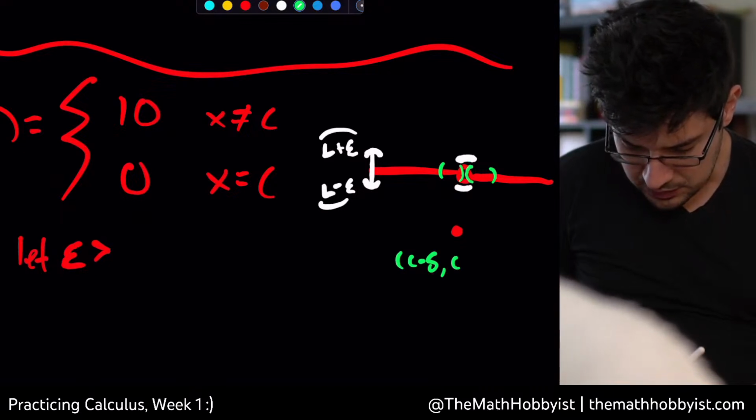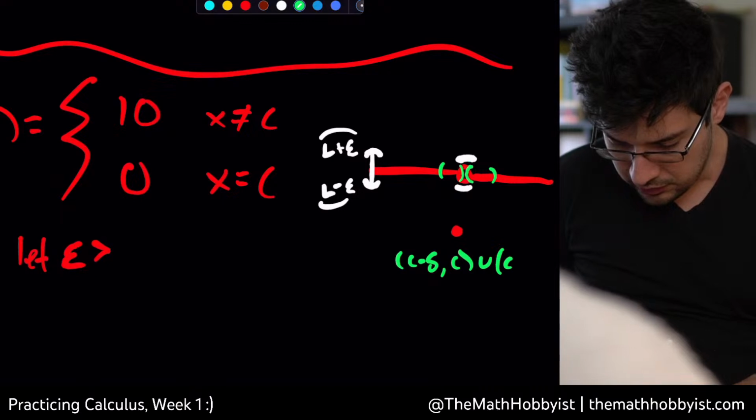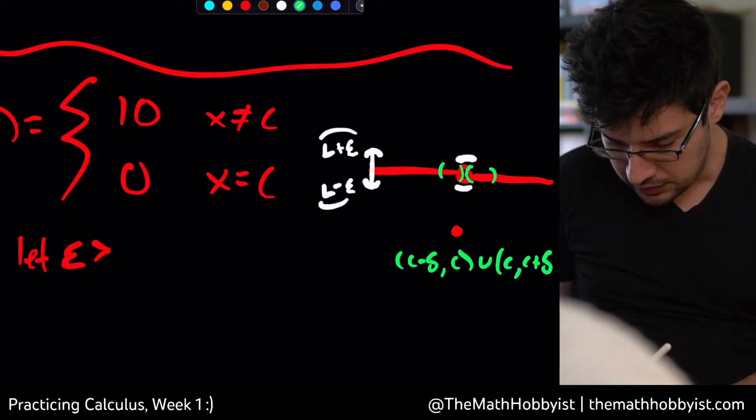C minus delta to C union C to C plus delta.